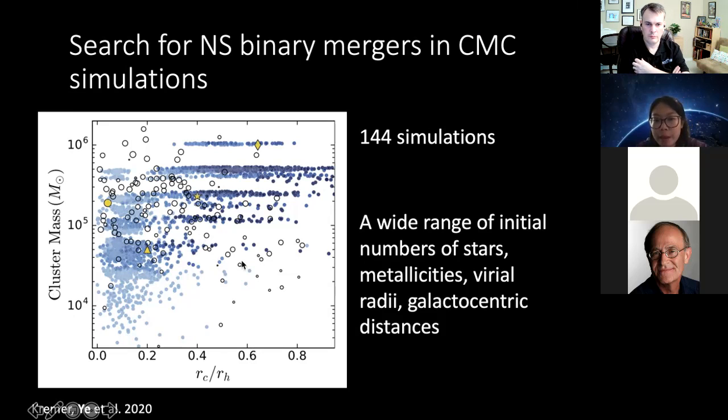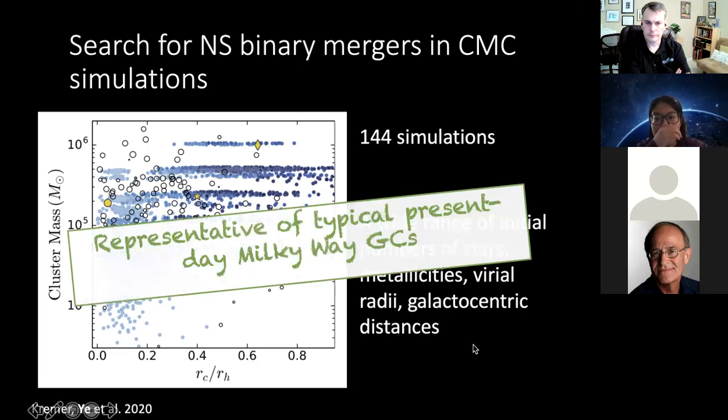And then one nice thing about these simulations is that the total number of simulations is roughly the same as the total number of globular clusters in the Milky Way. So these cluster simulations are representative of most present-day Milky Way globular clusters, except maybe the very massive ones, like, for example, 47 Tuc up there.